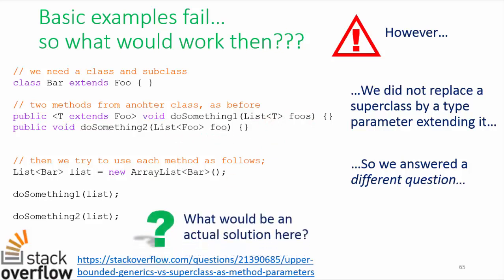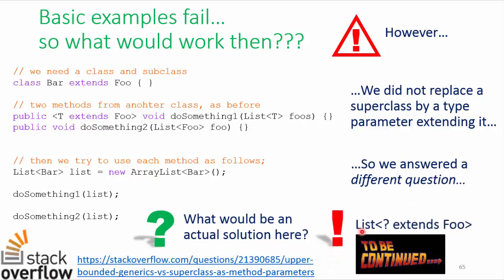Well, this example is what is going to motivate us to study wildcard type parameters, okay? So what are they going to look like? Something like this. A list of unknown, this is how you read that question mark, extends Foo. So I'm not going to go into more detail about wildcards. We are going to have an entire section dedicated to them, okay? But the point of this slide is to say, yes, we found a weird example that seems to point at a difference, but it's really not the same question that we started our lecture with, okay?